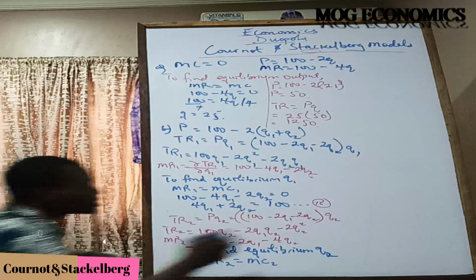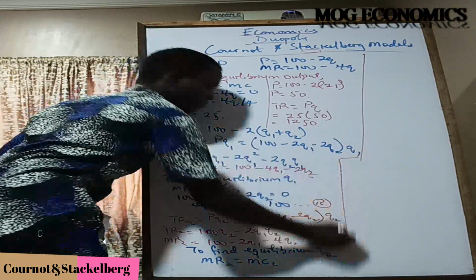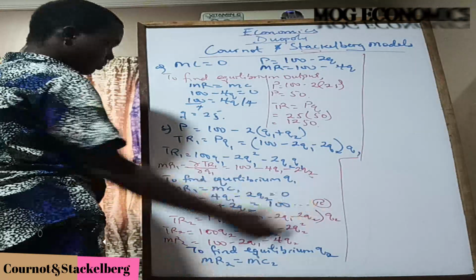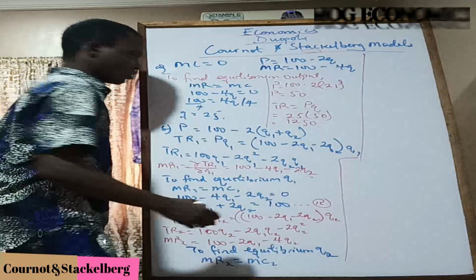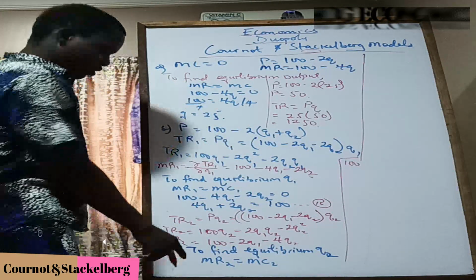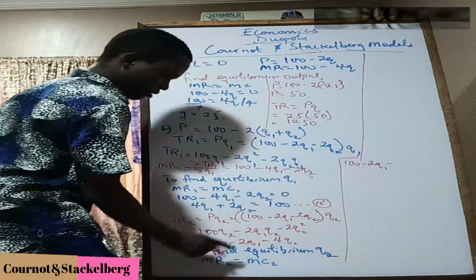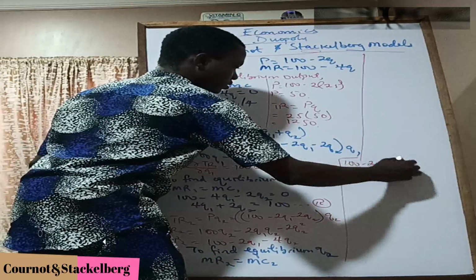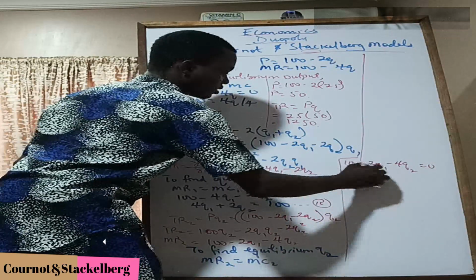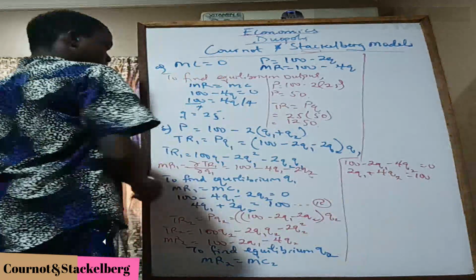The question told us MC is 0, so MR2 is 100 minus 2Q1 minus 4Q2 equals 0. So we are going to have 2Q1 plus 4Q2 equals 100. I call this equation 11.